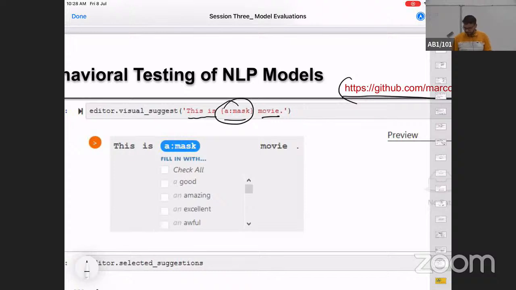For example, I'm checking here a good, an amazing, and an excellent, so the three sentences will be generated by just checking these boxes. So again, it is not a completely automatic way to generate sentences, but a semi-automatic way to generate so many sentences. For each capability, for each type of test that you want to do for that capability, you can generate a template sentence, and their repository, their system will generate so many similar sentences that follow this template. And you can use those generated sentences to test the different models.